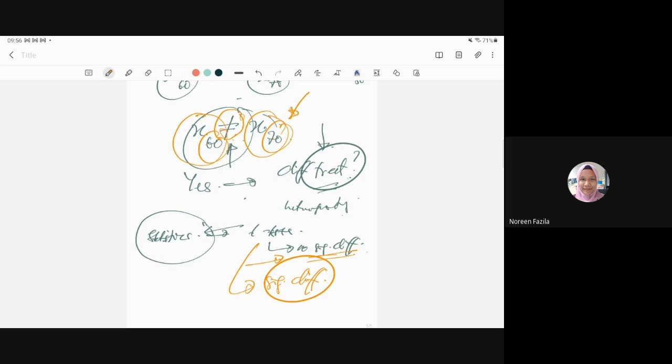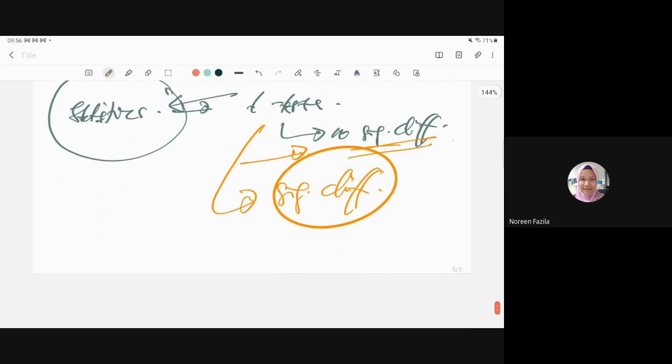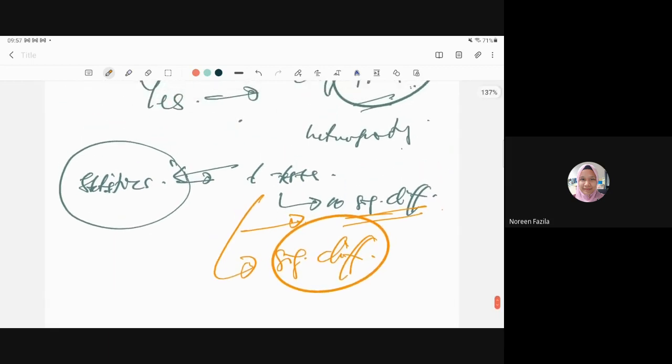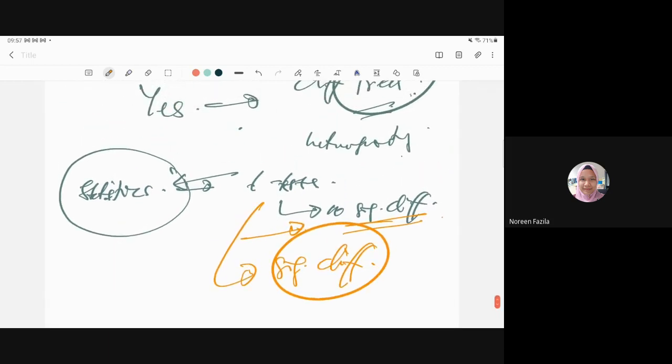So when we do studies in food science, we have to do statistics and see whether there are significant differences or not. Any questions?